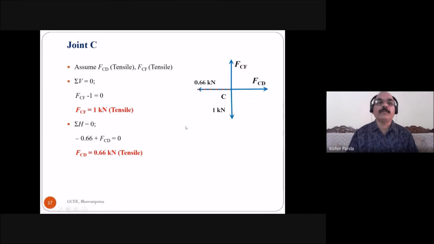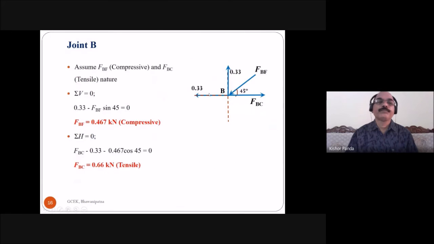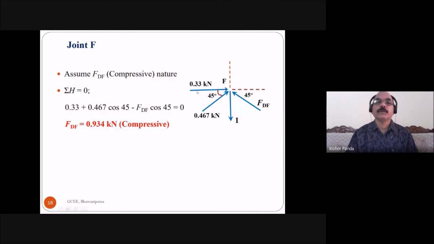Then take the joint F. Here you know these three forces, only you don't know force in the member DF, so you can find this out from joint F. At joint F, you know this force 0.33 kilonewton, this force 0.467 kilonewton and this 1 kilonewton, but you don't know this force.